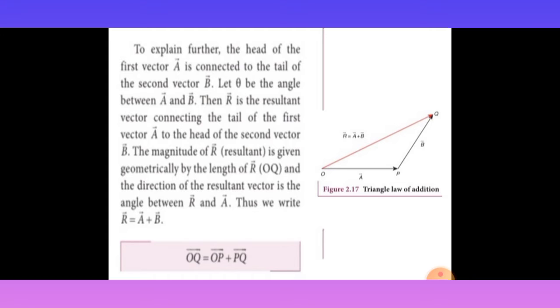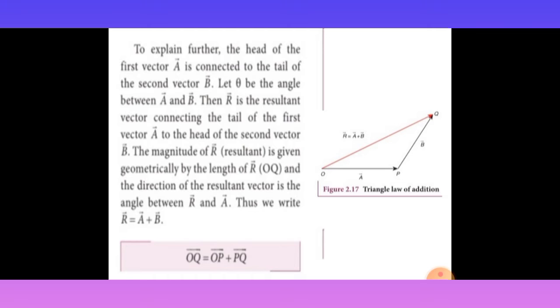Then the resultant vector connects the tail of the first vector, a vector, to the head of the second vector, b vector. The magnitude of the r vector can be calculated geometrically by the length of OQ, and the direction of the resultant vector is the angle between the r vector and the a vector.